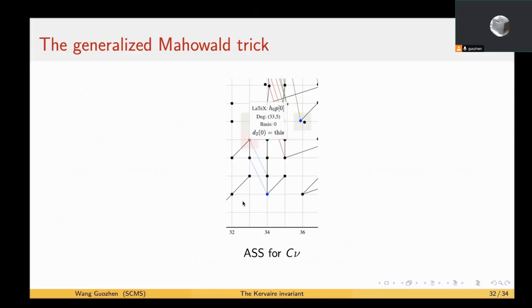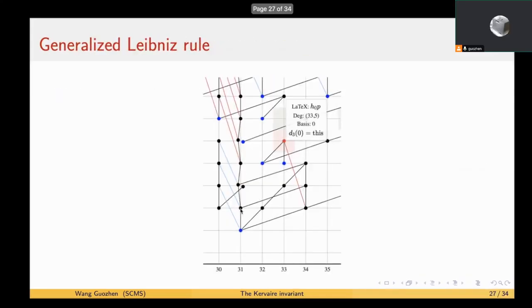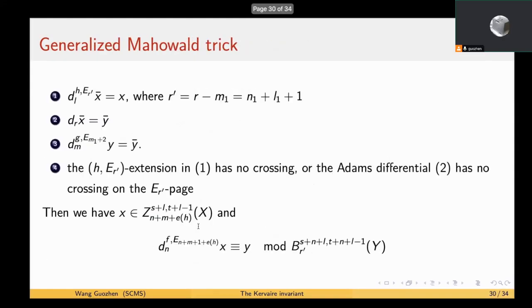So using this non-trivial nu extension, we can conclude that there is a non-trivial nu extension from this dot to this red dot, and we can apply the generalized Leibniz rule to conclude this d3 differential from this d2 differential.